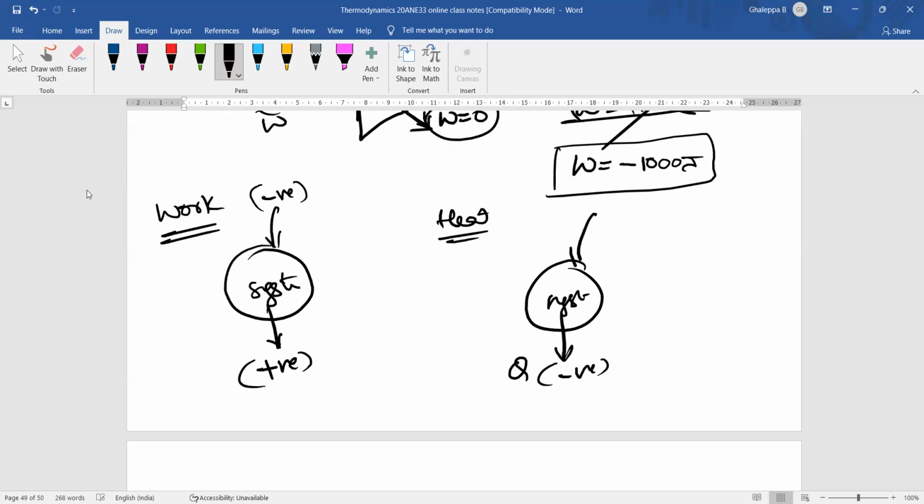If the system absorbs heat, and dear students, in the exams they may confuse the students. Heat supplied to the system is also the same as heat absorbed by the system. Both are the same. Understood? I am taking 100 rupees from you. In other words, I am saying you are giving 100 rupees to me.